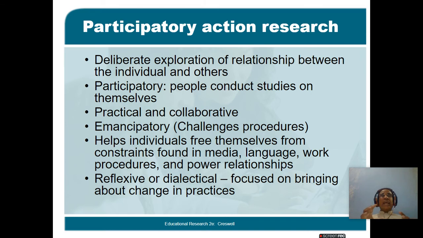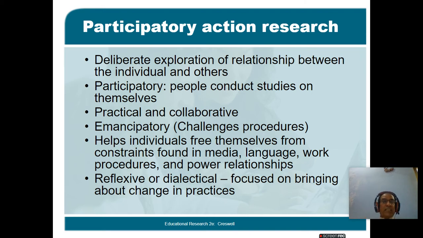Now, participatory action research deliberately explores the relation between individuals and others. Participating people conduct a study on themselves. For example, teachers conduct this research in their own class to improve their teaching practice and learning. Educators conduct research for their own need, so there is practicality and collaboration.